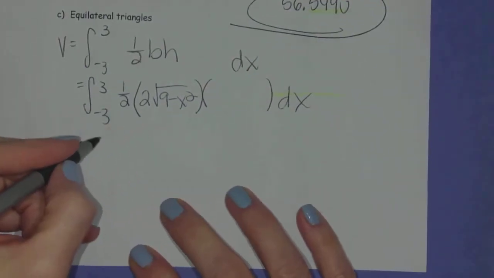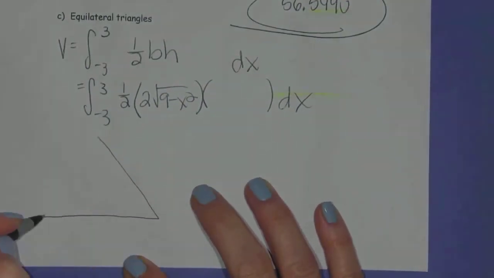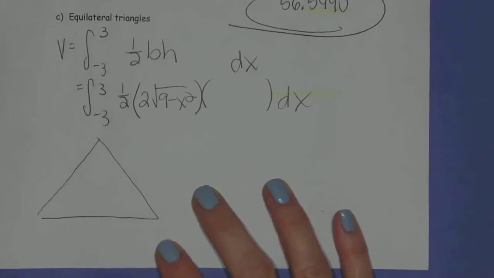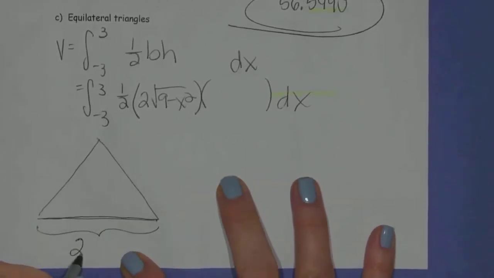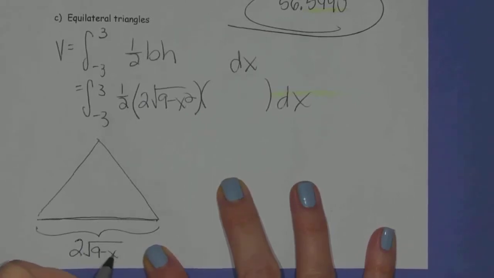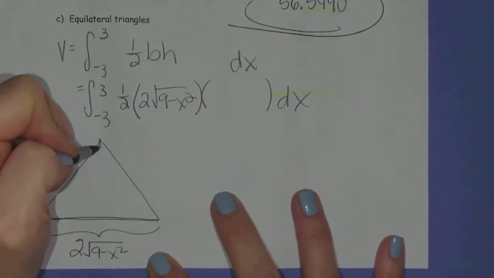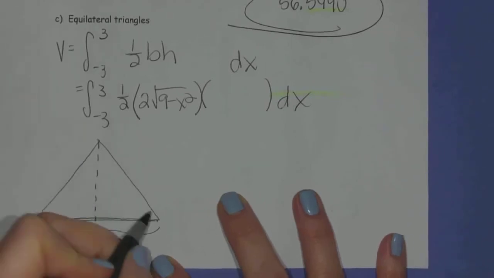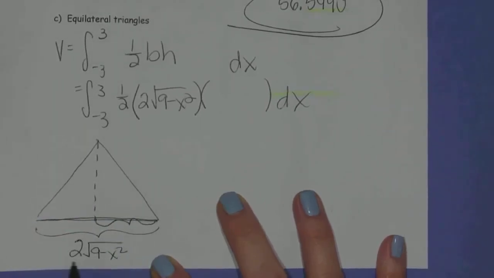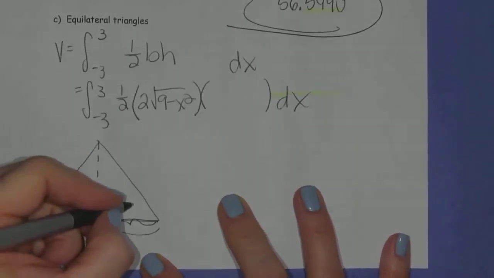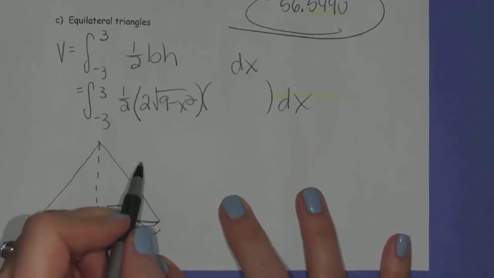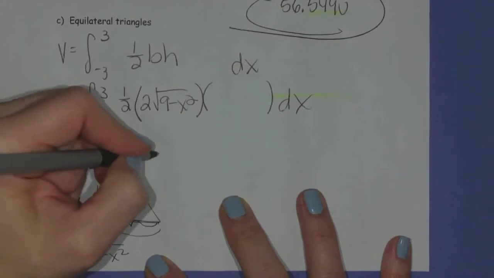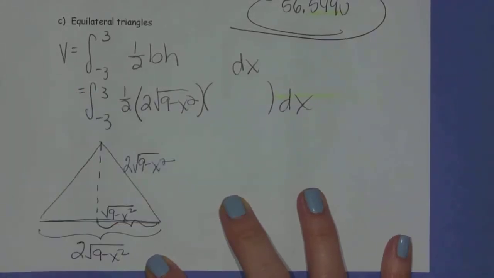So let me look at one equilateral triangle cross section. I know this whole distance is the 2 root 9 minus x squared. So this little guy right here is just half of that, which is root 9 minus x squared. And I know this side is 2 root 9 minus x squared.